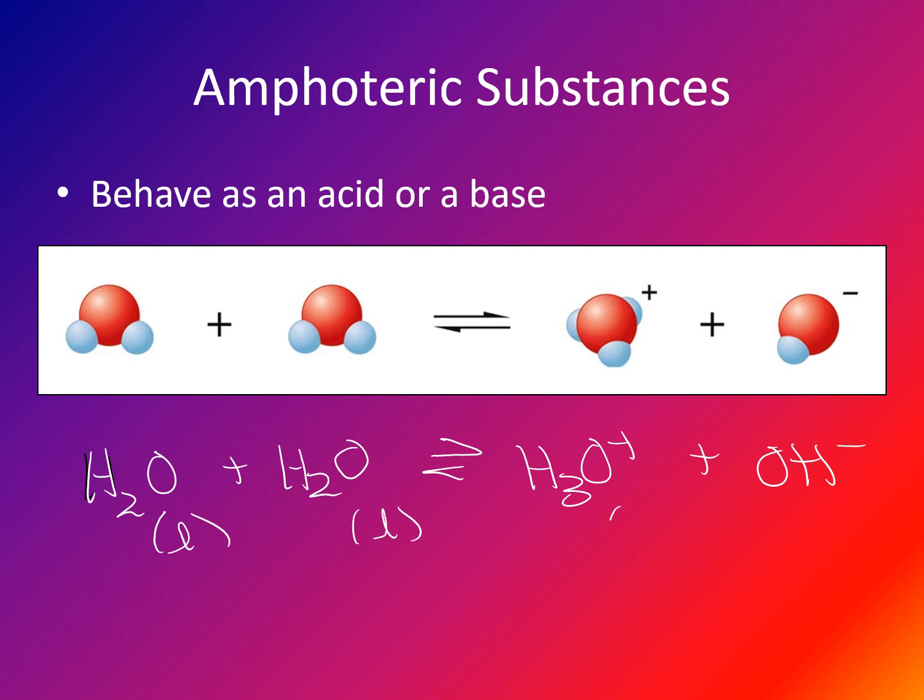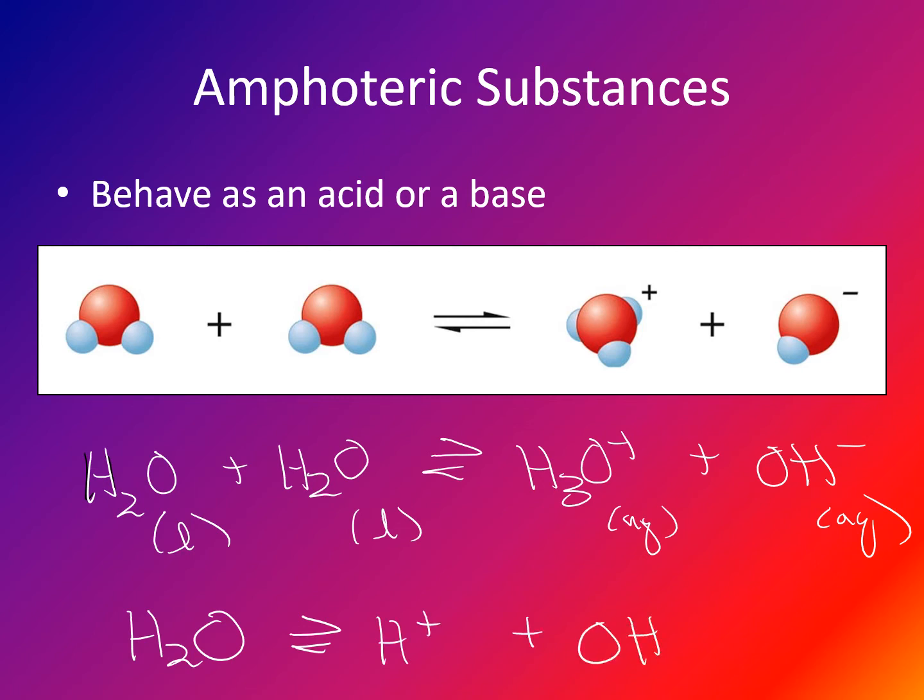Liquid water forms your ions. If we want to write it with just hydrogen, just start with your H2O. It's in equilibrium with hydrogen ions and hydroxide ions. So amphoteric just means it can act as an acid and as a base.